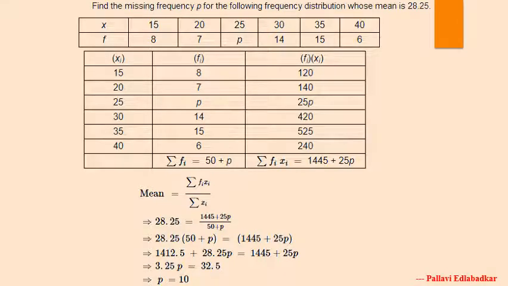Now we know according to the formula, x bar equal to summation of fi xi upon summation of fi. We are given x bar equal to 28.25. We will substitute this in the formula. So we get 28.25 equal to (1445 plus 25p) divided by (50 plus p).